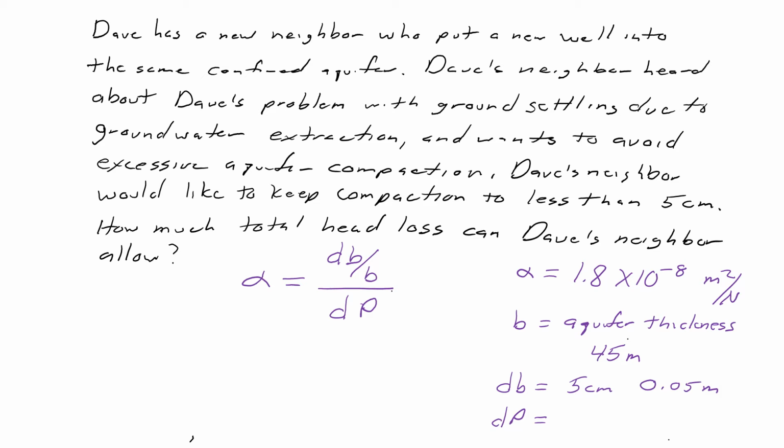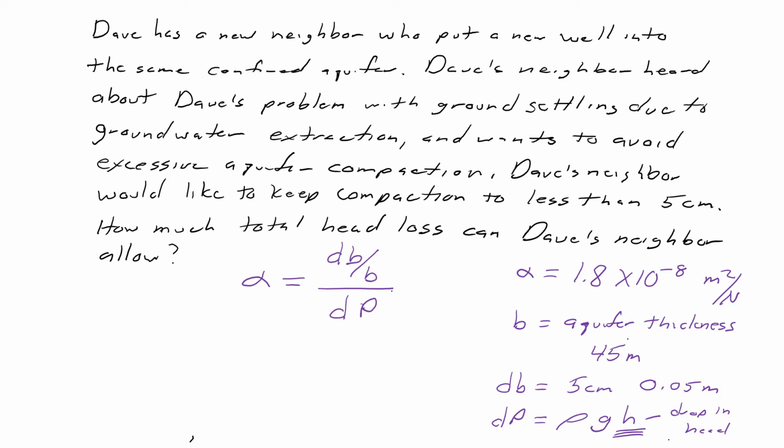And going back to yet a previous equation, change in pressure is calculated by the density of water times gravity here on Earth times H, which is the change in head. And this is ultimately what we want to figure out. We want to find out H, again, is the drop in head associated with that pressure loss.